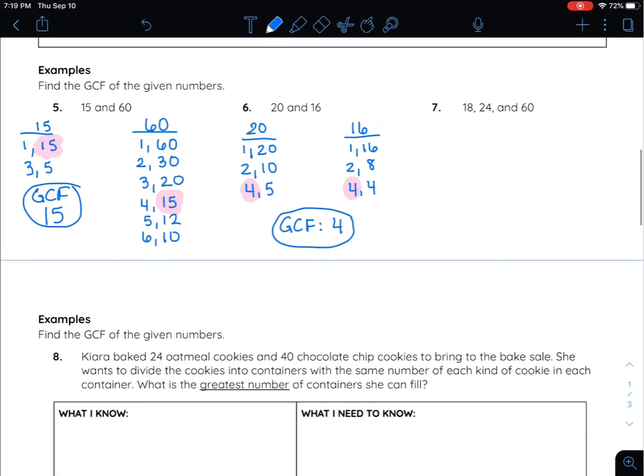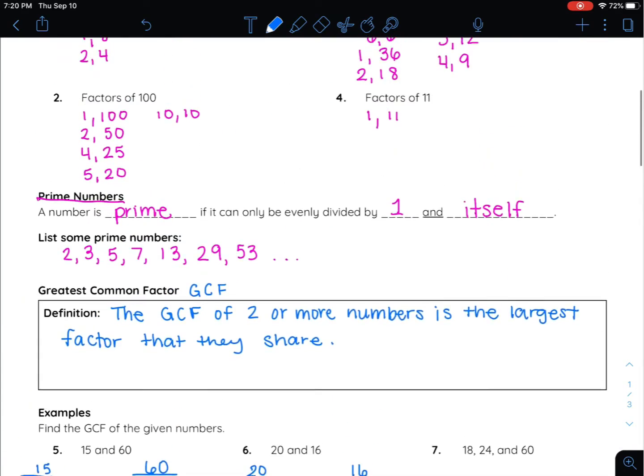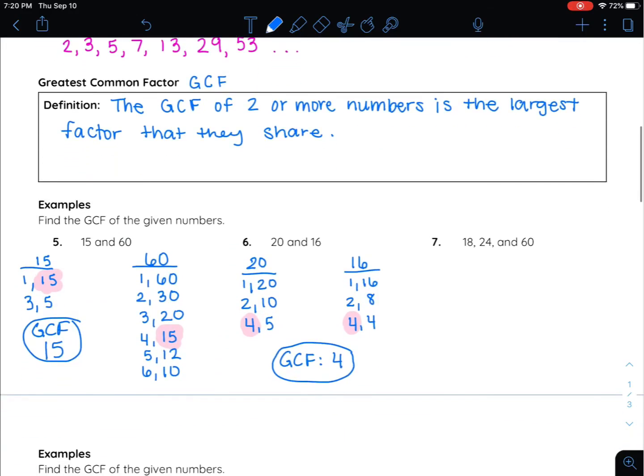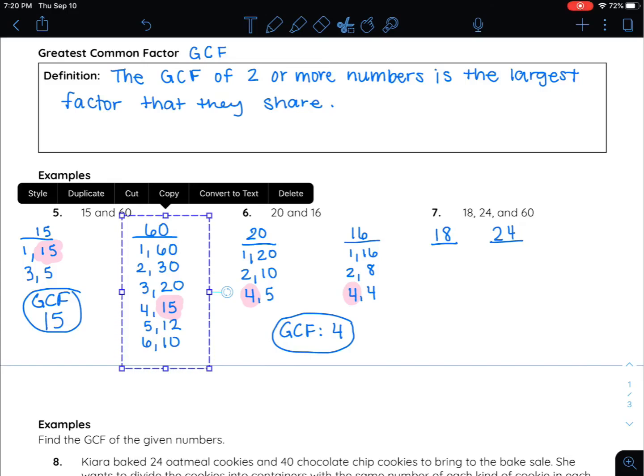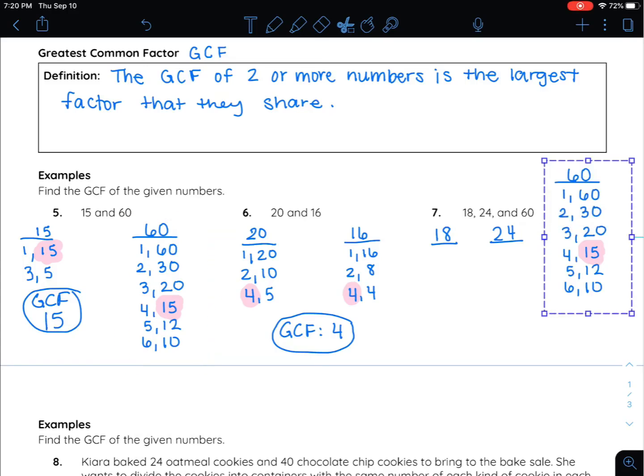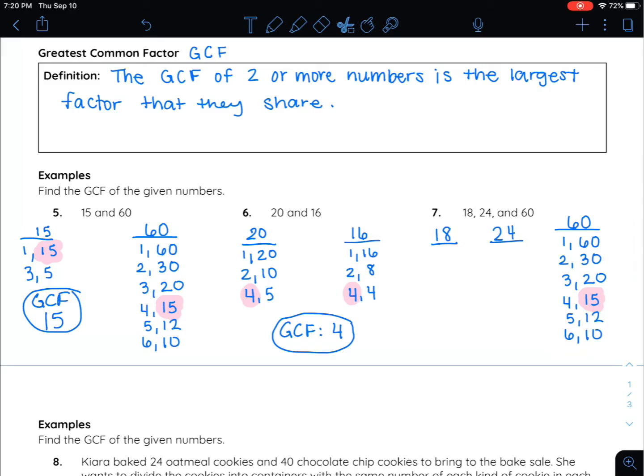Last one, 18, 24, and 60. If you're really paying attention, we already did the factors of 60 over here. So I'm not going to rewrite them. 18, 24, and I'm actually just going to copy these guys and just paste them here so we don't have to do it. Technology, right? All right, so 18.